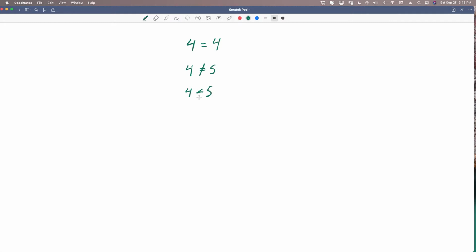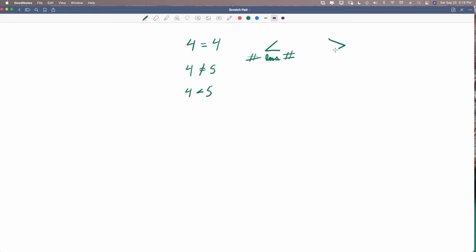We can make it a true statement by using a symbol like this. These symbols are called inequality symbols. And one of the things to remember about inequality symbols is that the smaller side points to the smaller number, and the bigger side of the V, the open side, is towards the larger number. So this number is less than this number.